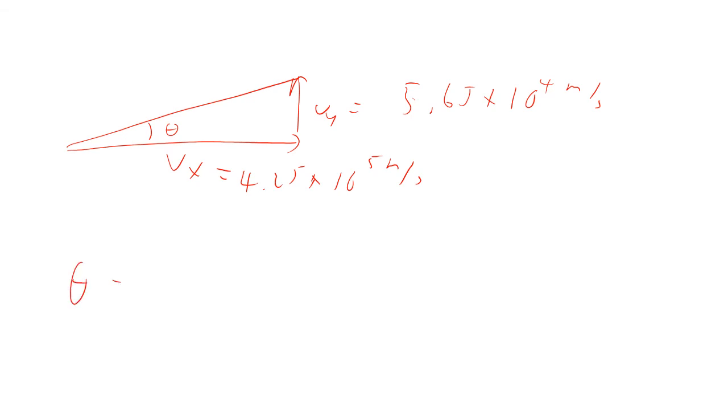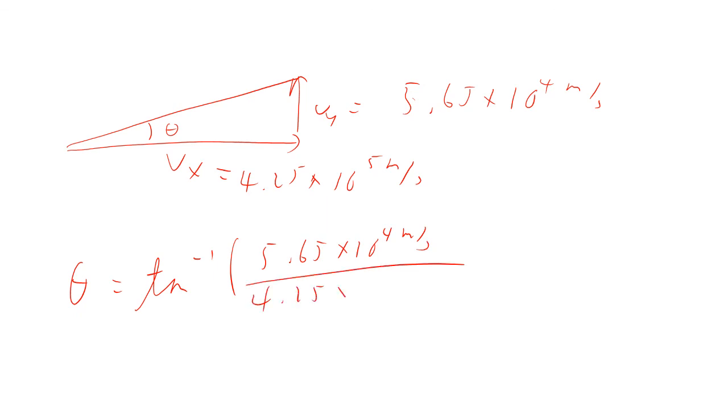So the angle is going to be the inverse tangent of Vy, 5.65 times 10 to the 4th meters per second, divided by 4.25 times 10 to the 5th meters per second. So the angle is a deflection of 7.57 degrees.